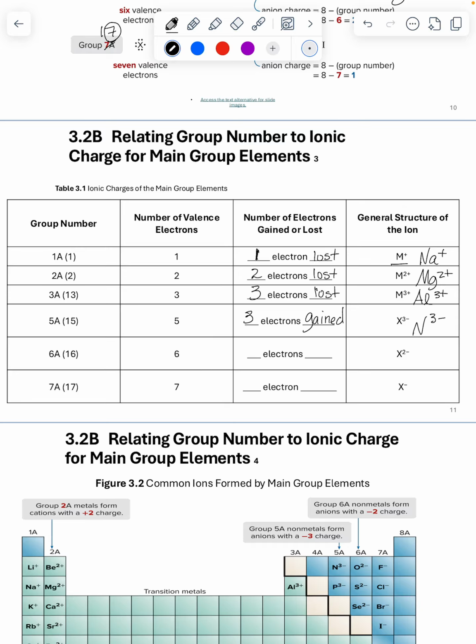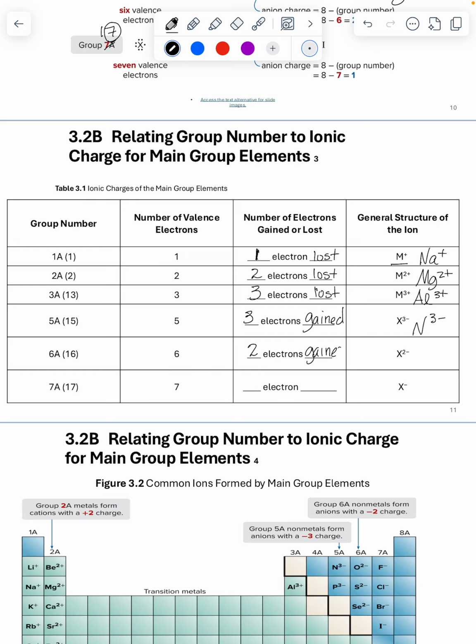In group 16, we have 6 valence electrons, and so we just need to gain 2 more in order to get to 8. So 2 electrons are gained. And the symbol would be the chemical symbol and then 2-.